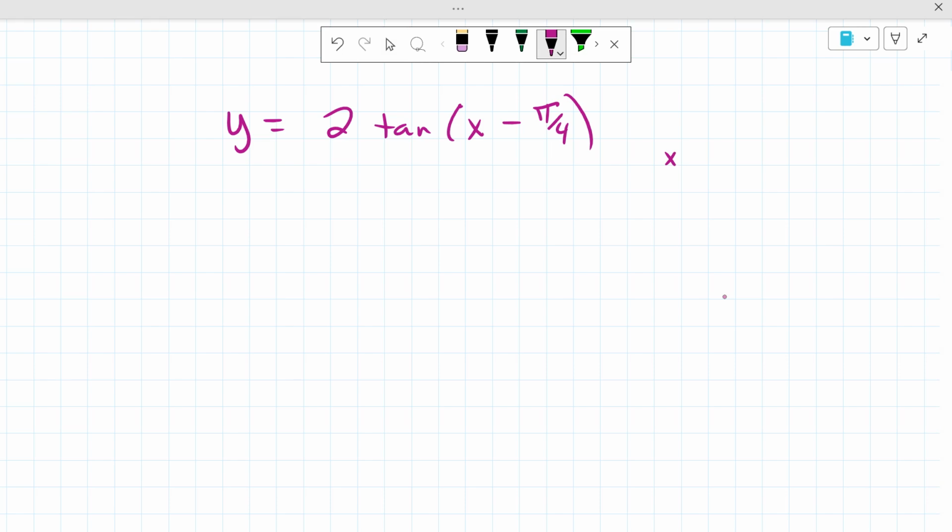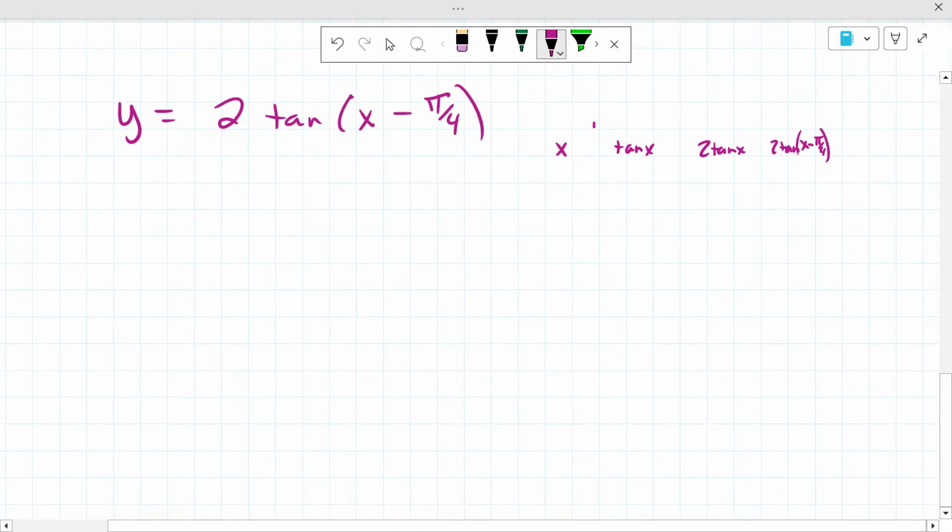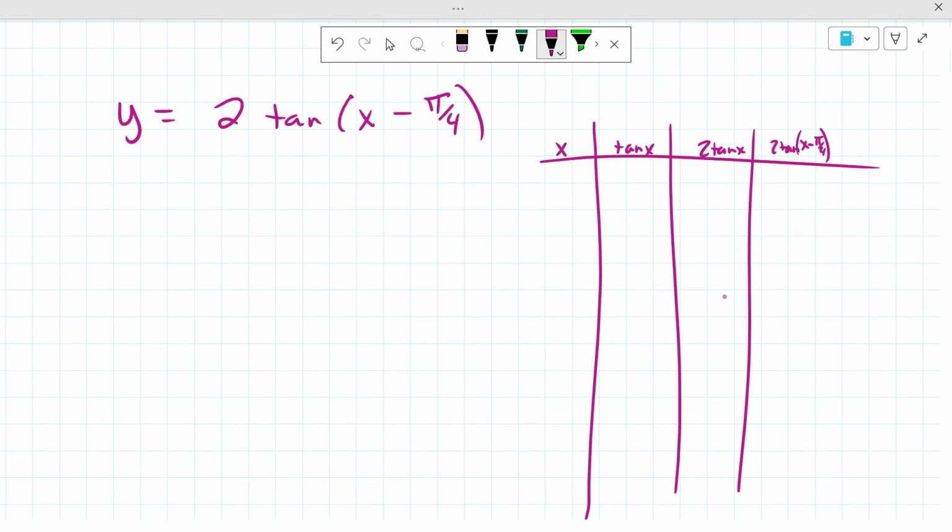We have tangent of x. We have 2 tangent of x. And we have 2 tangent of x minus pi over 4. Okay, this is going to look really complicated, but if we do it this way, we only have to make one graph.